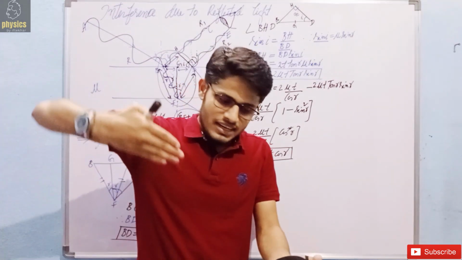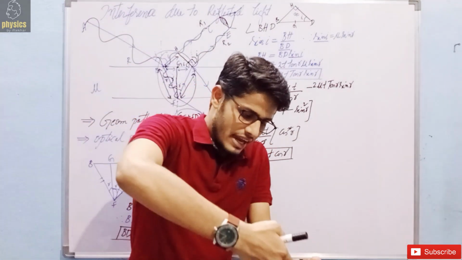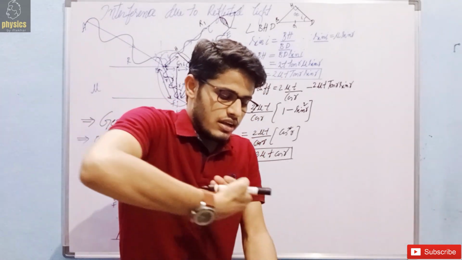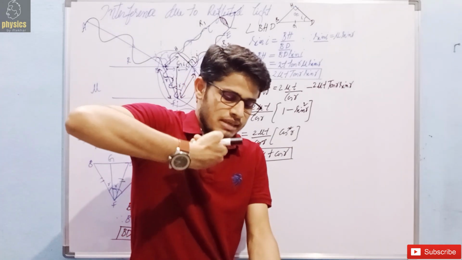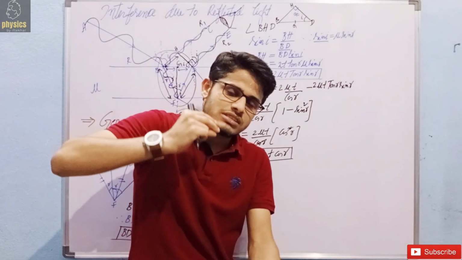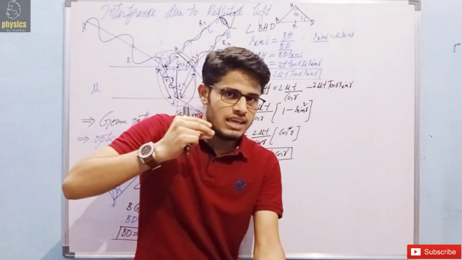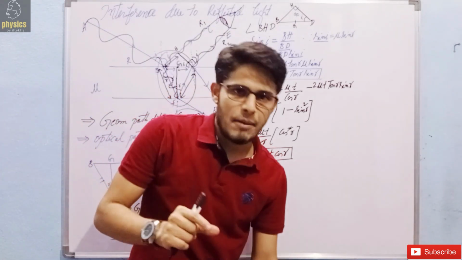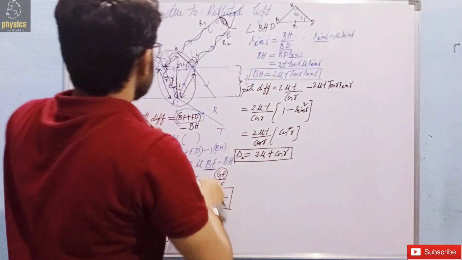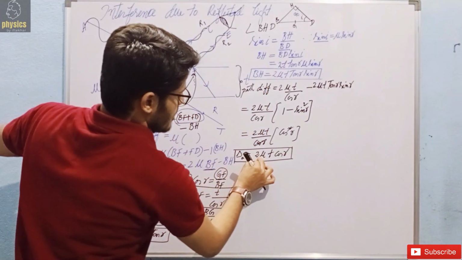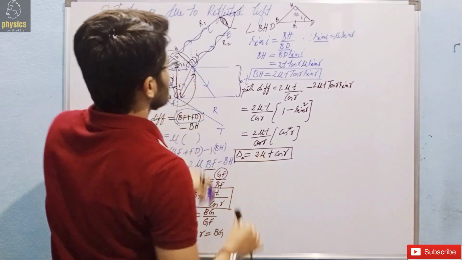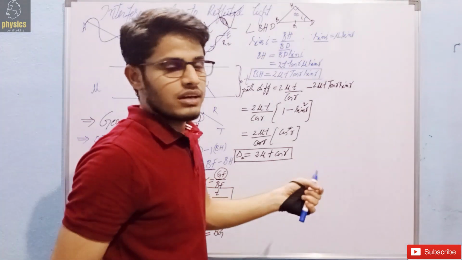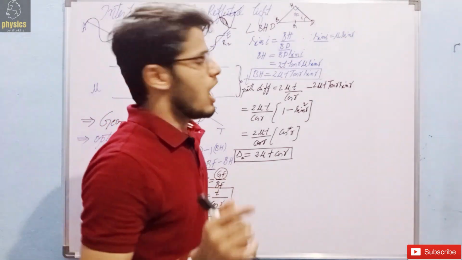When light hits the denser medium and gets reflected back into the rarer medium, this reflected light will suffer a phase change of pi and a path difference of lambda by 2. So this is the optical path difference, but there will be a path difference due to the reflection. We have to take that also into account.